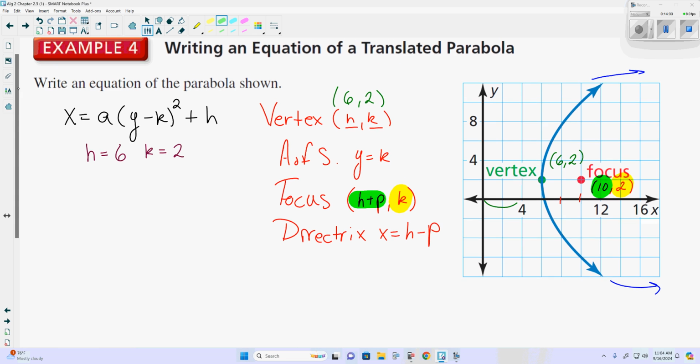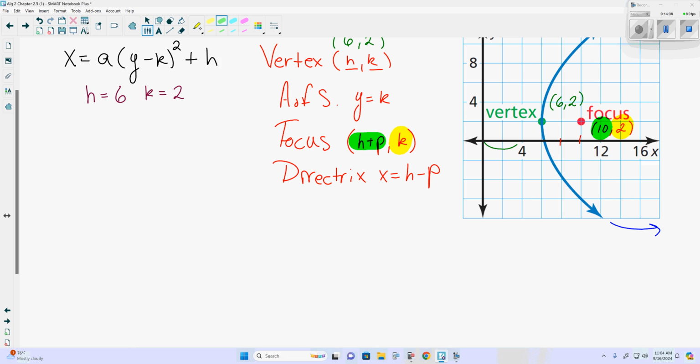So for us here, we can write this down below, that our h plus p is equal to 10. Because again, we found almost everything we need. We're just needing that a, that 1 over 4p. So to get that a, we need the value of p. To get p, we need the value of a. P is 1 over 4a, a is 1 over 4p. So we good with this so far?